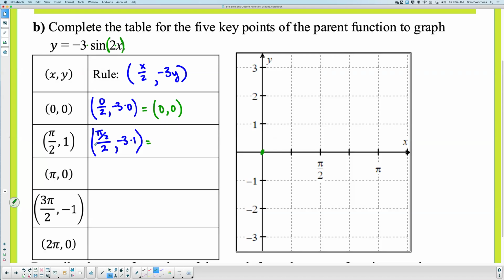Pi divided by 2 divided by 2 is like pi getting divided by how much? It's going to be pi over 4. Pi divided by 4. Negative 3 times 1 is negative 3. So here it is. Here's pi over 2. If you cut that in half, that must be pi over 4 right here. At pi over 4, we're down at negative 3. Put the point right down there.